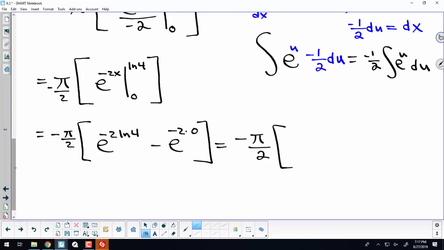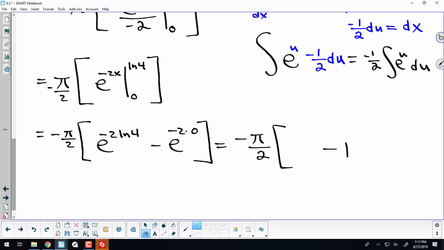What's the easier one? 1. What's e to the negative 2 ln4? Is it 1/8? Not quite 1/8. 1/16? 1/16, yeah. If you have a calculator, you just do that, and it tells you what it is.